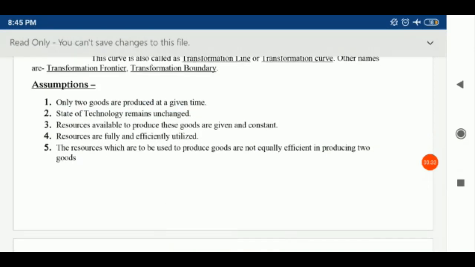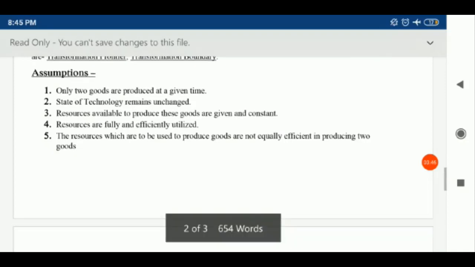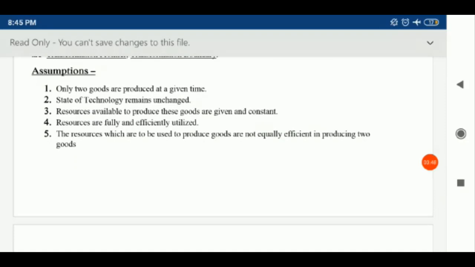Okay. Now the third assumption is that resources available to produce these goods are given and constant. Whatever resources we are using in the time of production will also not increase or decrease in the production process time. So there would be no change in the technology and resources both.